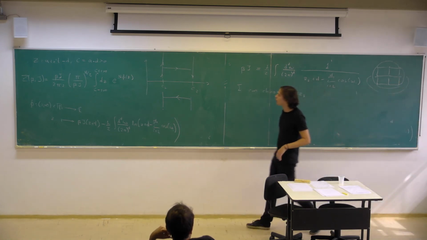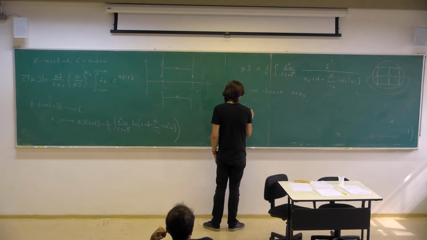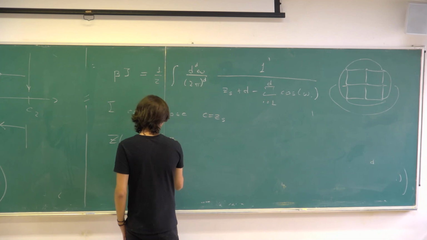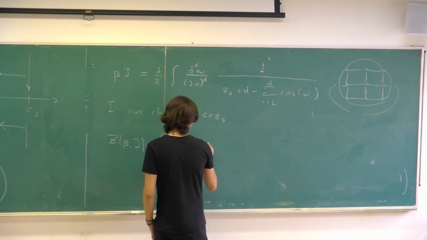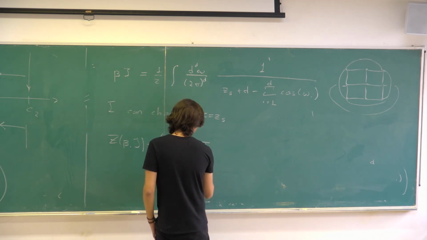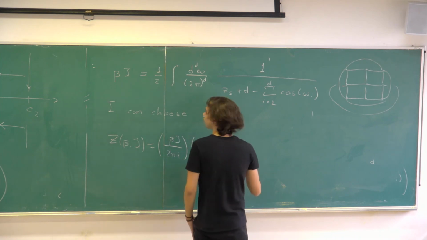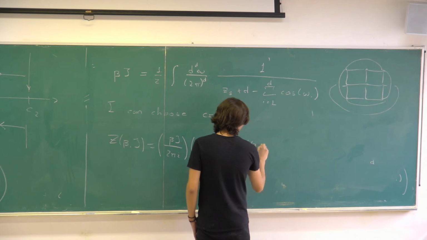So if I do that, then the partition function for the steepest descent method is simply beta j divided by 2 pi i times pi divided by beta j to the n halves. Then I get the primary contribution, which is going to be e to the n phi zeta s.